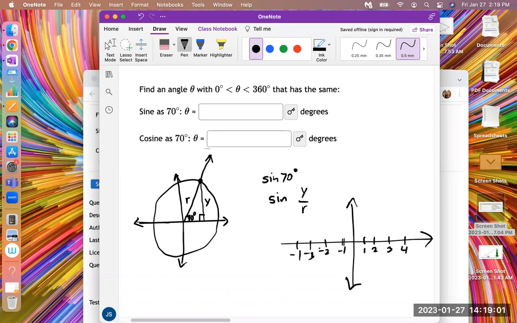And as you go down, the numbers are negative, and as you go up, the numbers are positive. So that's the same thing that I have going on in this picture. As we go up, it's positive numbers. As we go down, we get negative numbers.